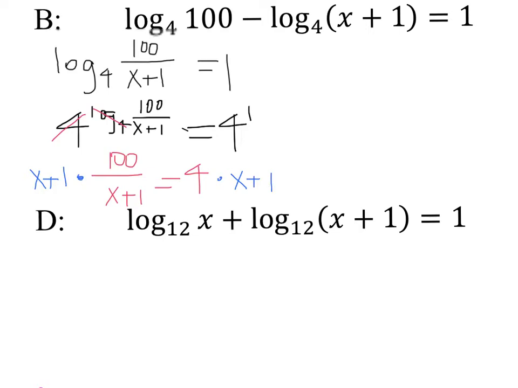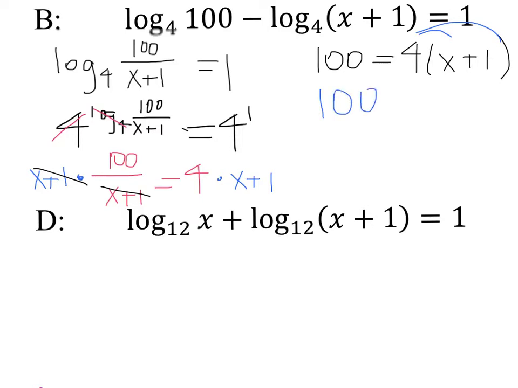So now these cancel, and we have 100 on the left side, and that equals 4 times x plus 1 on the right side. Since you are multiplying the 4 times the whole thing, we need to distribute. So we have 100 equals 4x plus 4.